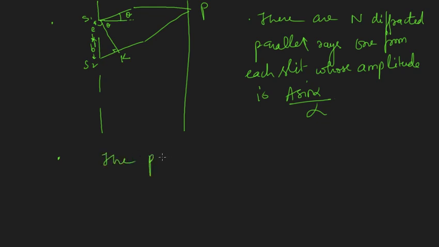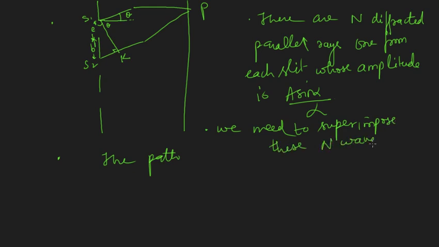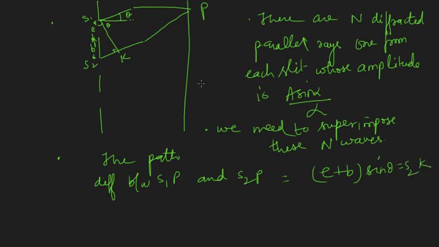The path difference, so we need to superimpose these n waves. The path difference between S1P and S2P is equal to E plus B sine theta, that is equal to S2K, that you can see from the figure, E plus B sine theta.